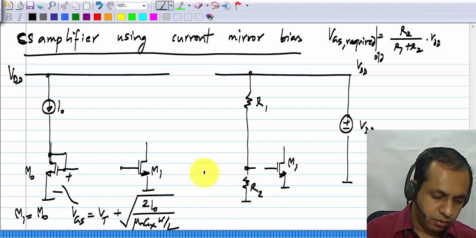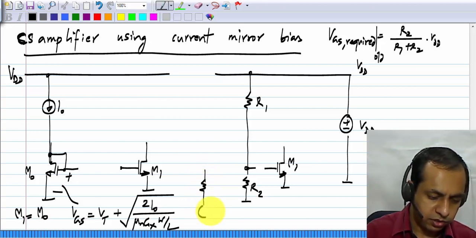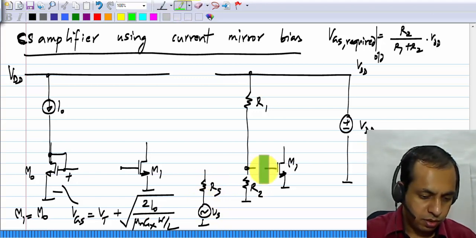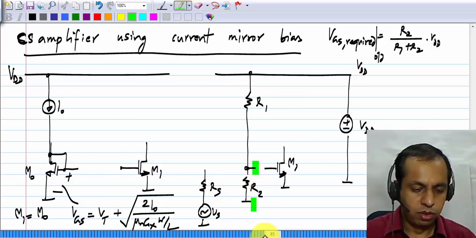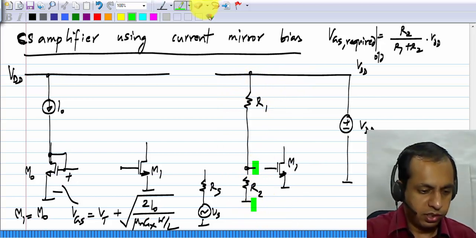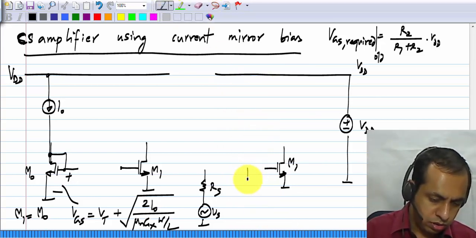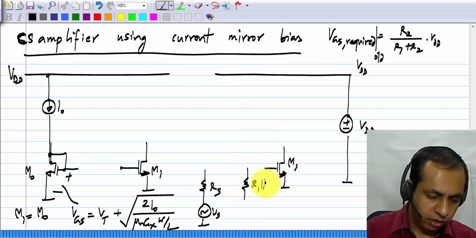And we had our signal source Vs, Rs. Now we know that between this terminal and ground, this voltage divider is equivalent to a resistor R1 parallel R2 in series with the Thevenin source, which is VDD times R2 by R1 plus R2.